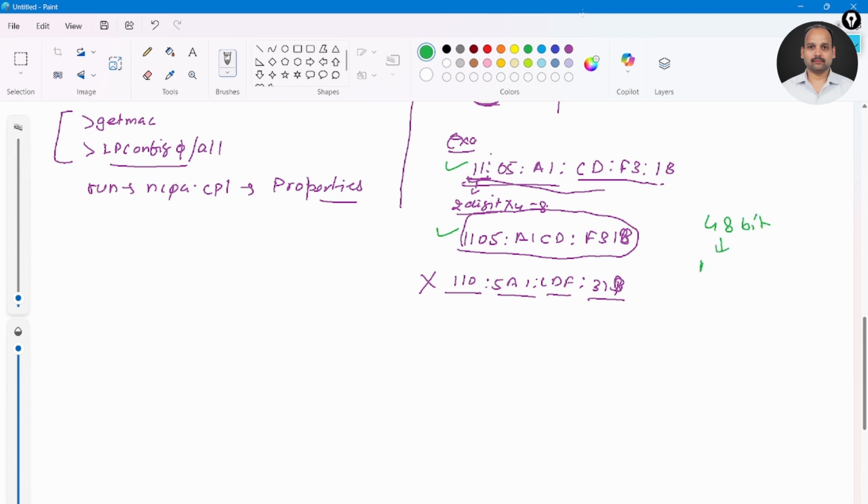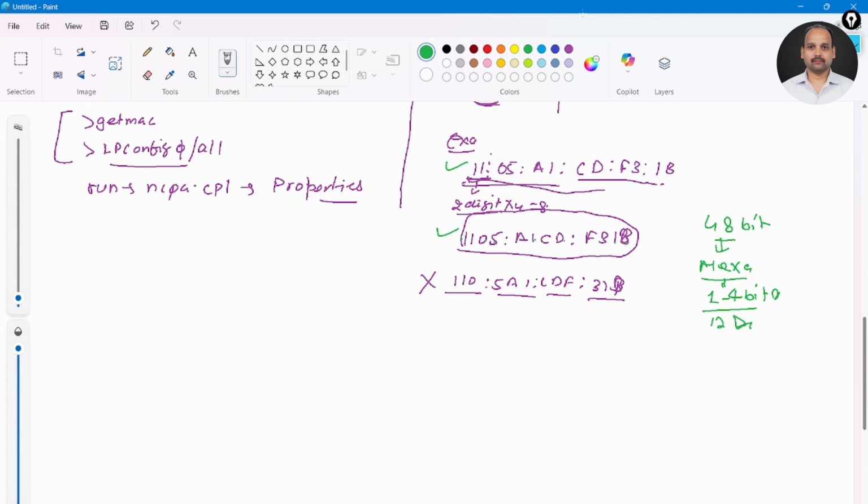Maximum, 48 bits can be used. A MAC address is written in hexadecimal, and in hexadecimal one digit uses a 4-bit value. So how many digits can be used at maximum? Count: 1 2 3 4 5 6 7 8 9 10 11 12.